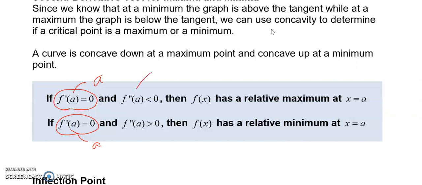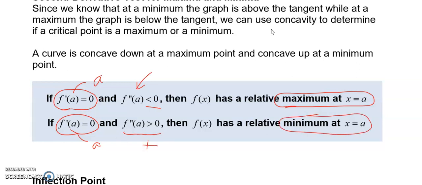You put that critical value into the second derivative. If it's less than 0, that means you have a maximum. If you plug that critical value into your second derivative and it's greater than 0, that means it's positive, then you have a relative minimum at that critical value. This is a beautiful little test, and we're going to be doing that in our example on the next page.